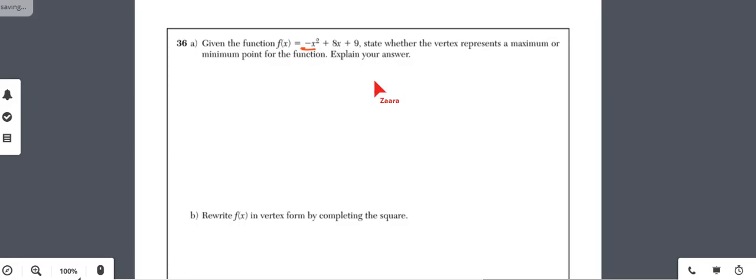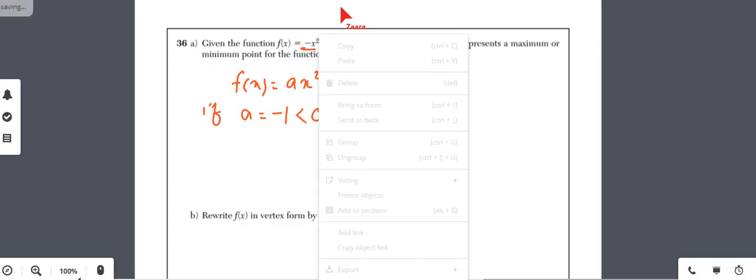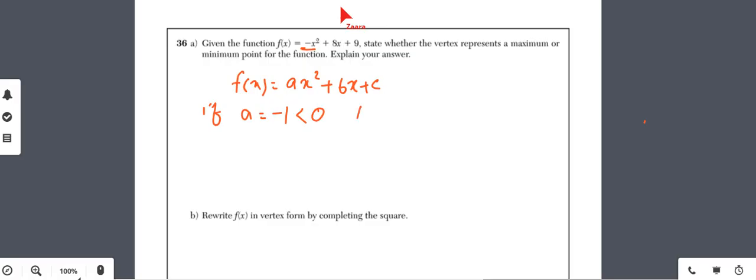If I compare it with the standard quadratic function, ax square plus bx plus c, so if a, which is currently negative 1, is less than 0, then f of x will have a maximum at the vertex.